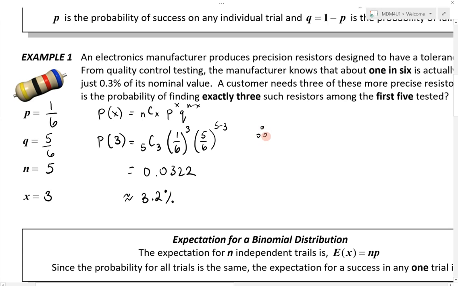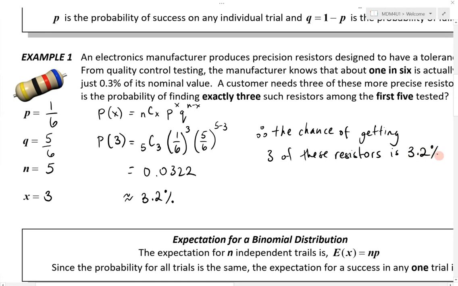Therefore, the chance of getting 3 of these resistors is 3.2%. It's really difficult to get those three resistors.